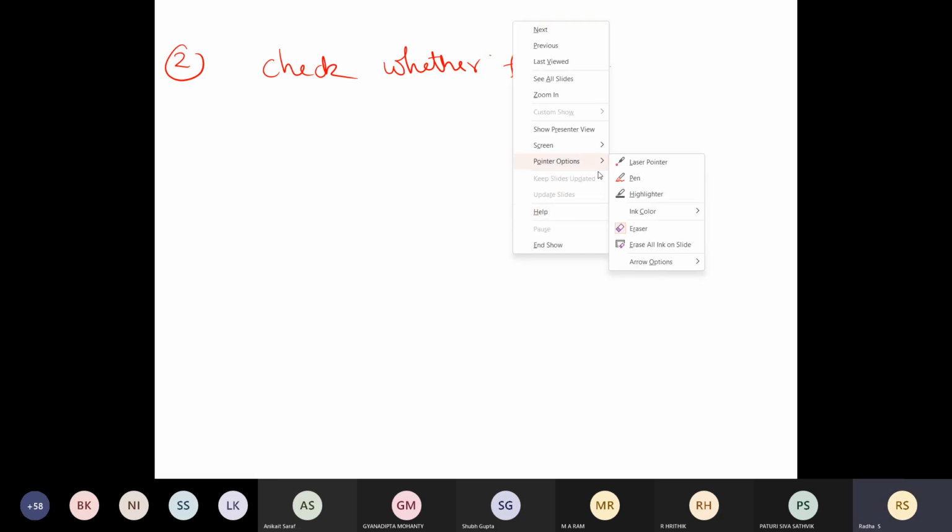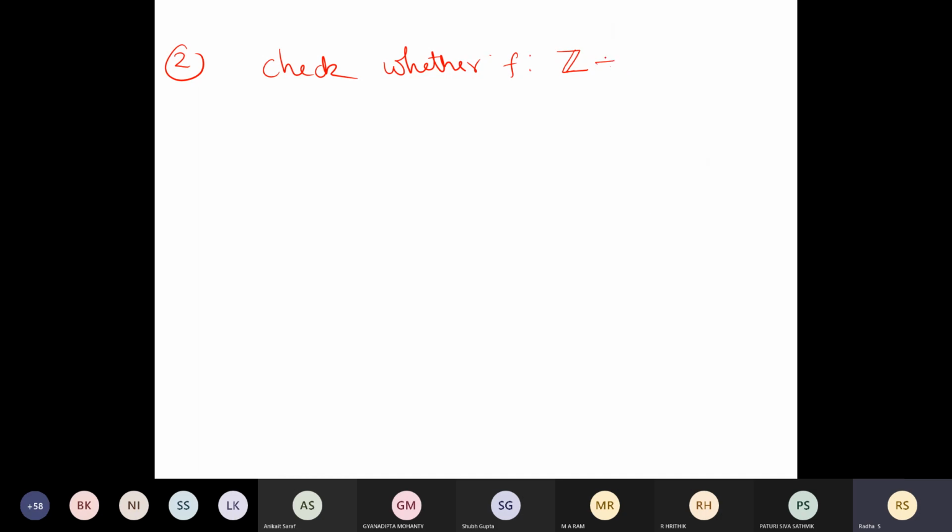Second question. Check whether f from Z to Z, I think you know, the integers, defined by f of x is equal to 5x, is a group homomorphism.